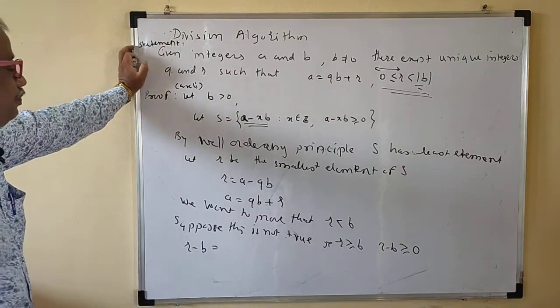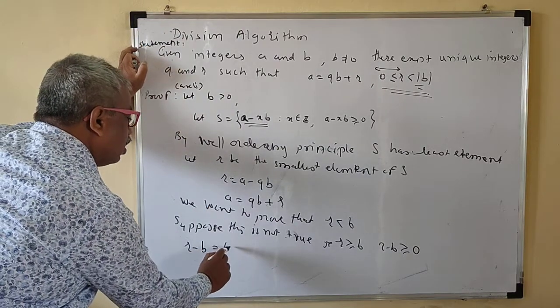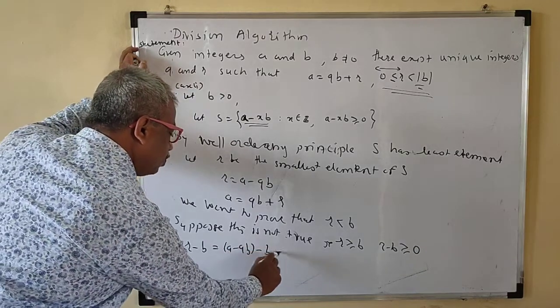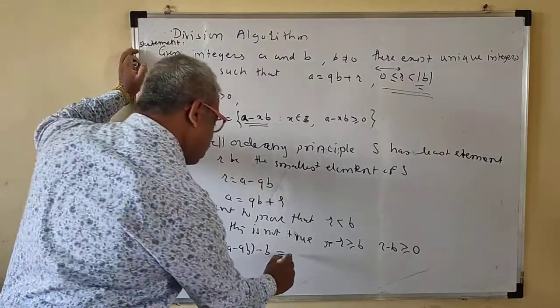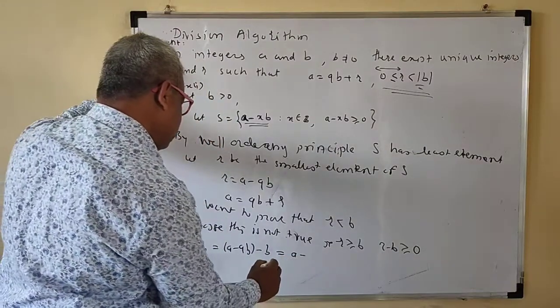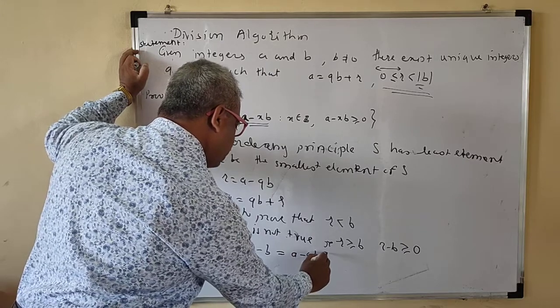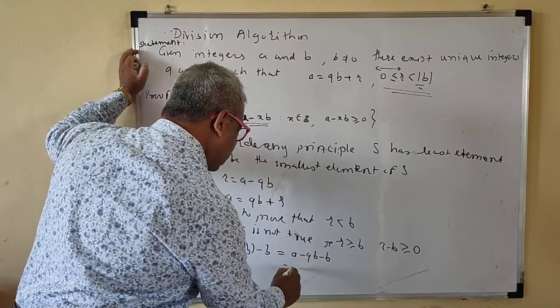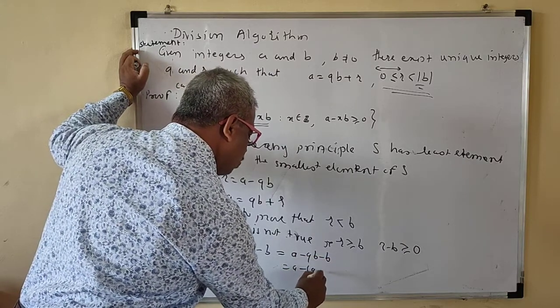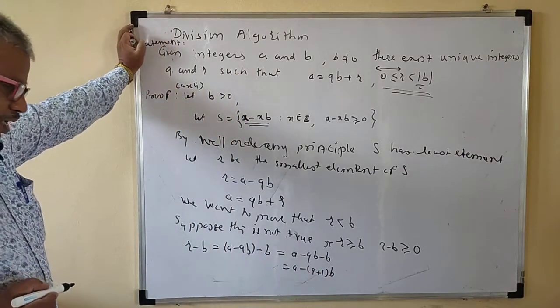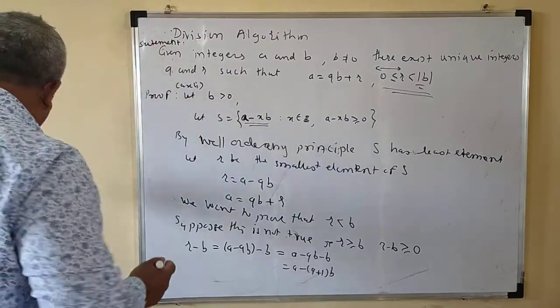What is r? r is a minus qb, so r minus b is a minus qb minus b. So we can write a minus (q plus 1) times b.